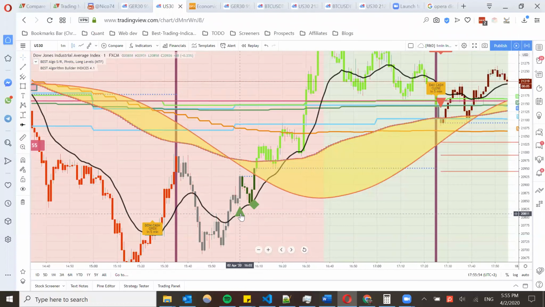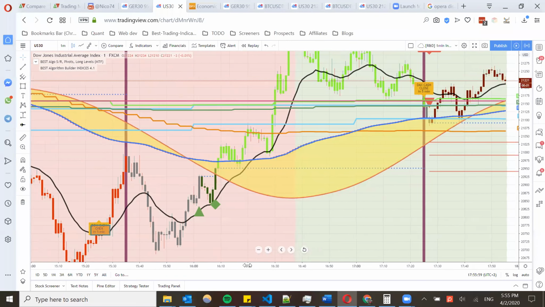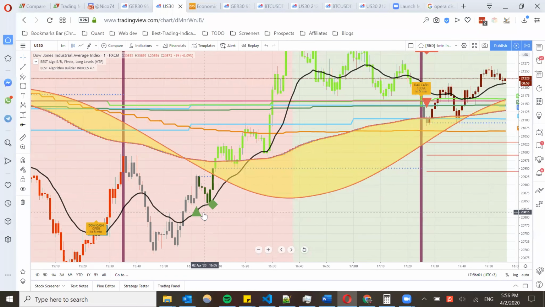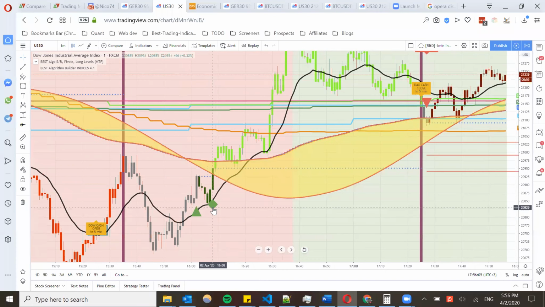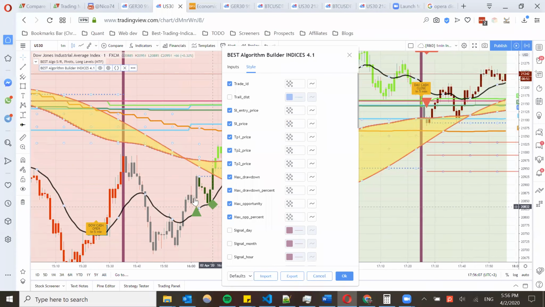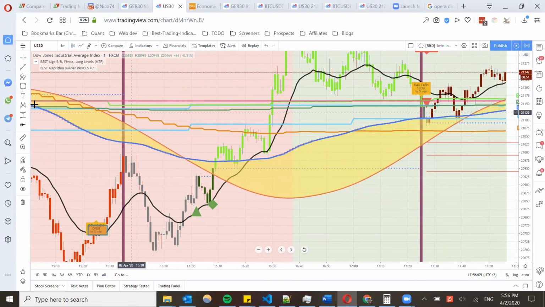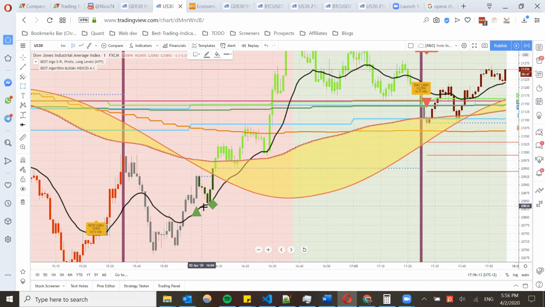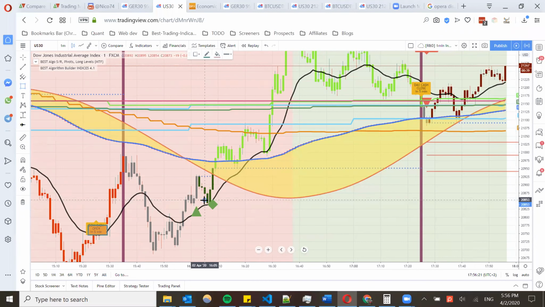Okay, so for that long, obviously that long is not easy. The pullback is not perfect. It's a pullback on EMA, but not past EMA. So based on the method that should be passed, but sometimes it's not passed. But the entry for this one would be here.